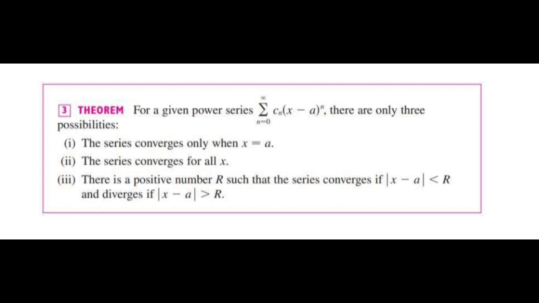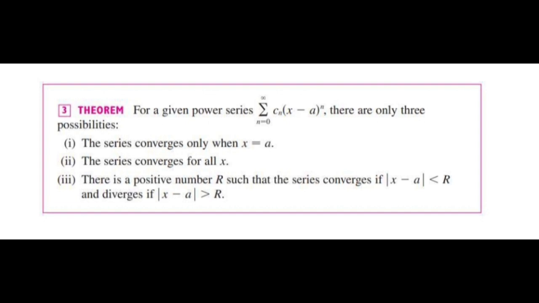To find the interval of convergence, we typically use the ratio test or sometimes the root test to find the values of x for which the series converges absolutely.